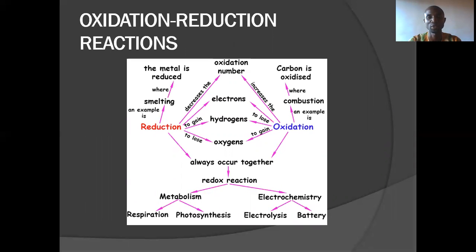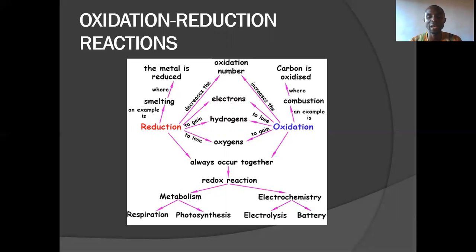Oxidation reduction reaction actually is a short form of saying redox reactions. Redox is reduction oxidation reaction. And it can be defined in several ways, as our objective says, that we will be looking at it in several ways.